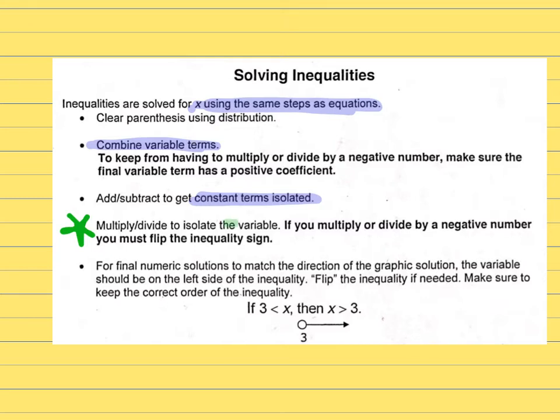When you get to the variable at the end, if you multiply or divide by a negative number, then you must flip the inequality symbol. Okay? Then the last thing we're going to look at is graphing the equation on the number line. And we're going to look and see if you should have an open circle or a closed circle.